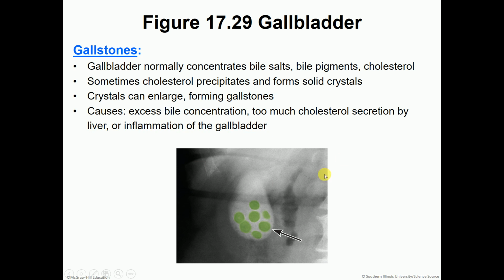And that is how these little gallstones are going to be formed. Okay, so it starts off with these little tiny crystals that enlarge to produce gallstones. And again, the causes are either too much bile concentration or that the liver secreted too much cholesterol into bile, or it could happen due to the inflammation of the gallbladder, a pathology known as cholecystitis.